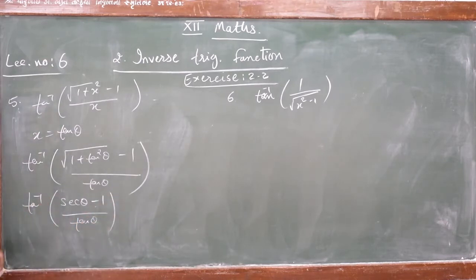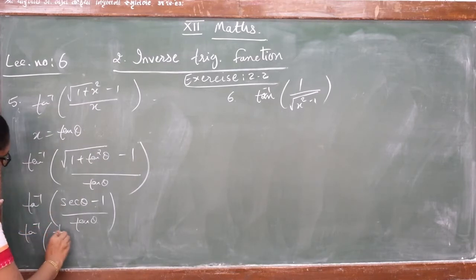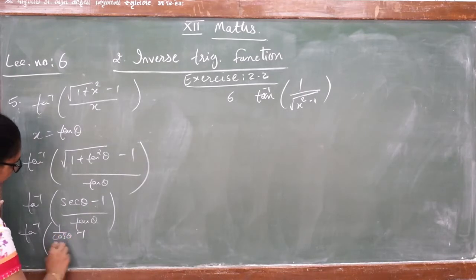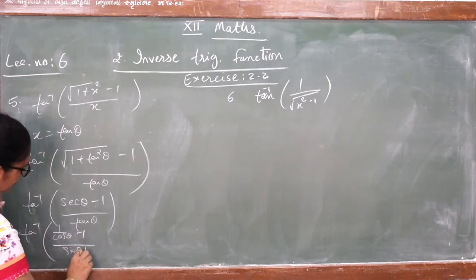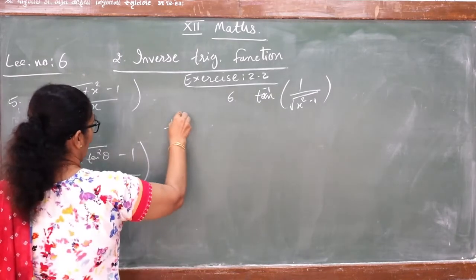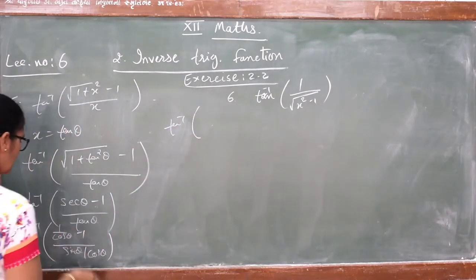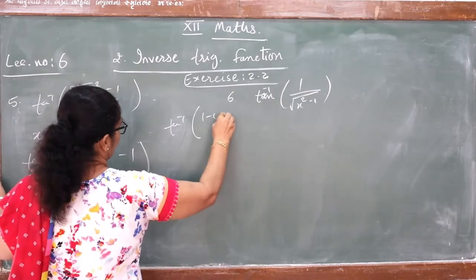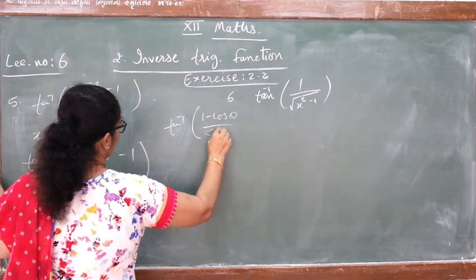Now we cannot keep it as it is because we want to reduce this format. So tan inverse, sec is 1 upon cos and tan means sine upon cos. Now take LCM. So tan inverse of 1 minus cos theta upon sine theta.